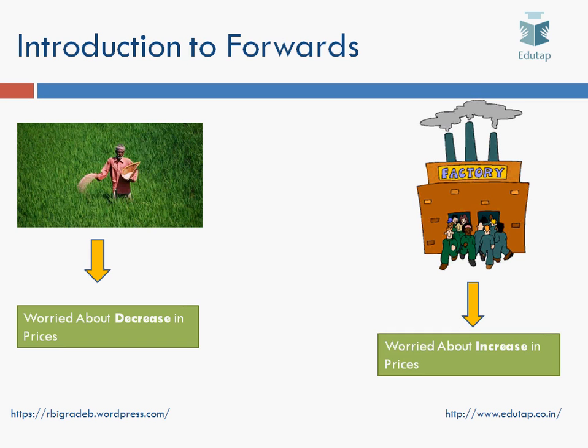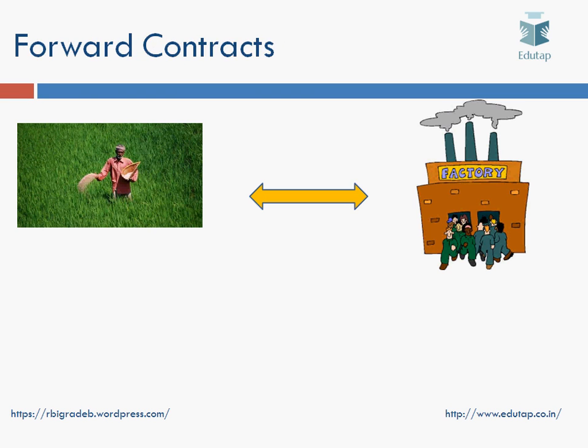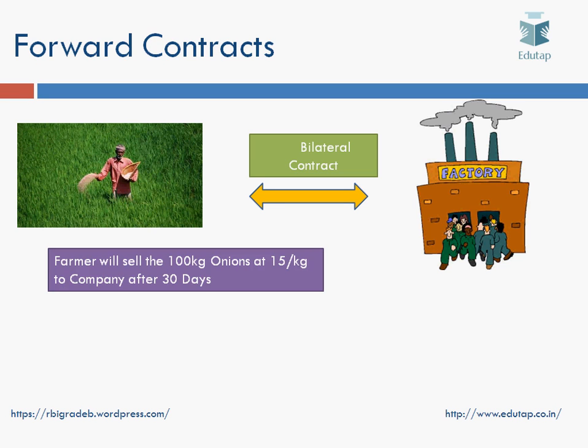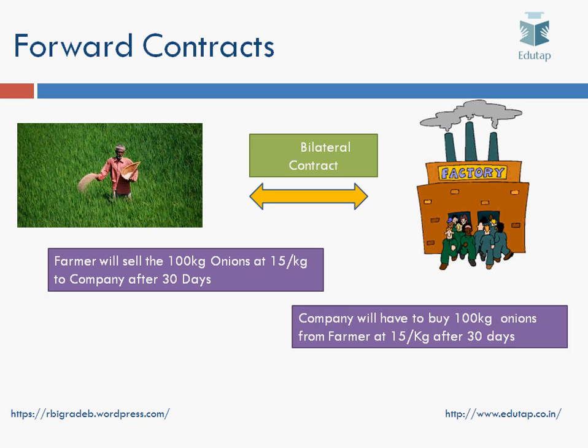So they both have concerns, but in opposite directions. So they both enter into a bilateral contract, and as per that contract, the farmer will sell 100 kg onions at 15 rupees per kg to the company after 30 days. Similarly, the company will have to buy those 100 kg of onions from the farmer at 15 rupees per kg after 30 days.